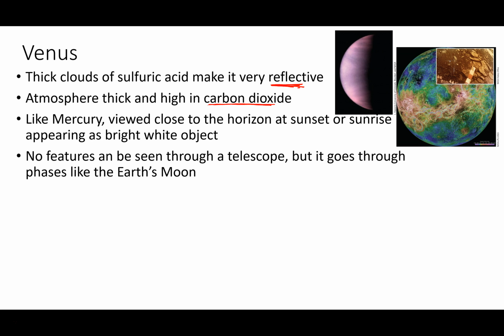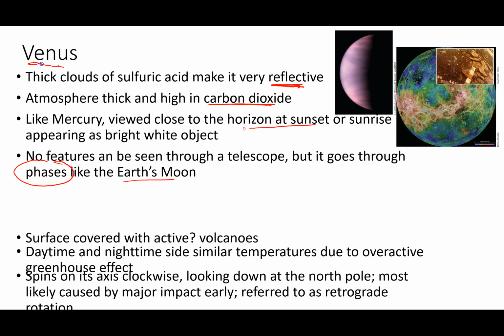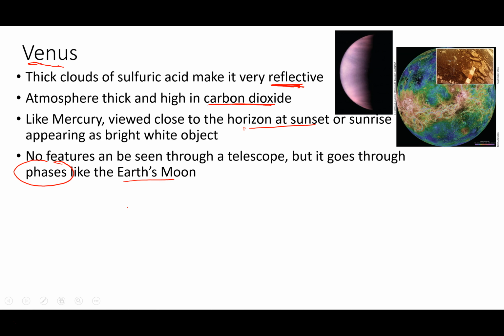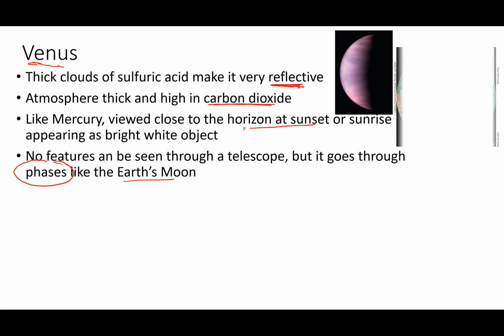I said it's viewed near the sun, but Venus actually goes through phases. We're going to talk about phases of the moon. If I were to ask you about phases of the moon, you'd probably say there's a full moon, there's a quarter moon, which looks like a half moon to us, and there's a crescent moon. As it turns out, Venus also goes through those phases because of how it's orbiting the sun and how we're viewing it from our orbit around the sun.